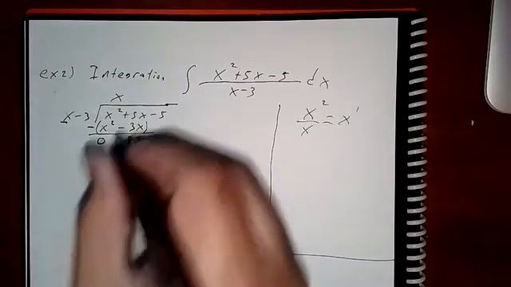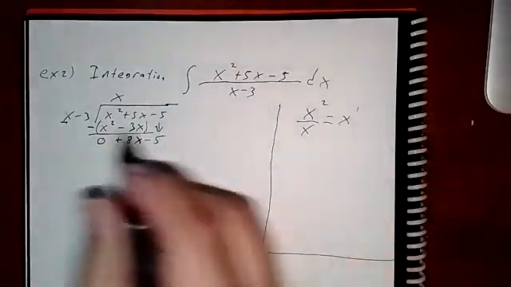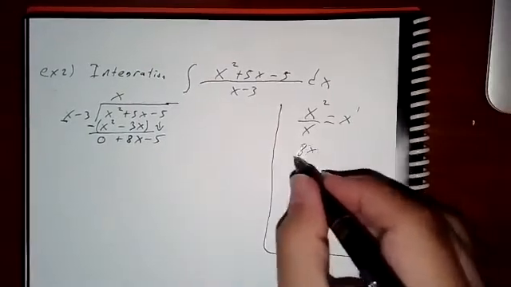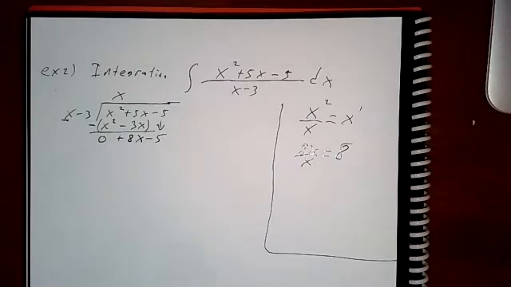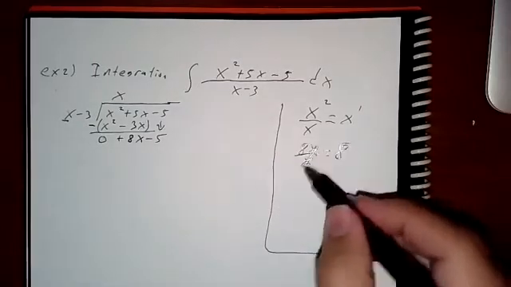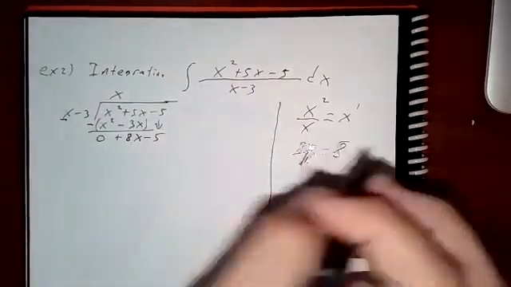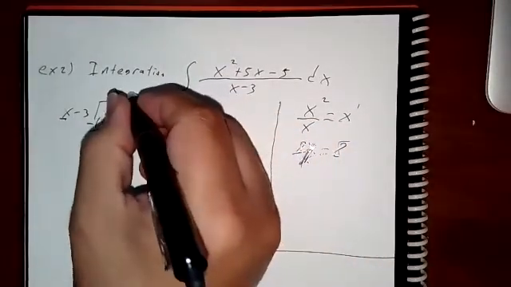Mm-hmm. Then you bring down the negative 5. And you start over. So now x goes into 8x how many times? 8 times. Right? The x's cancel. So it's probably best to just do it on this side to be safe, because you never know.